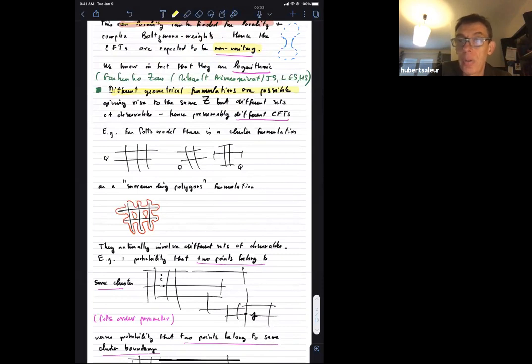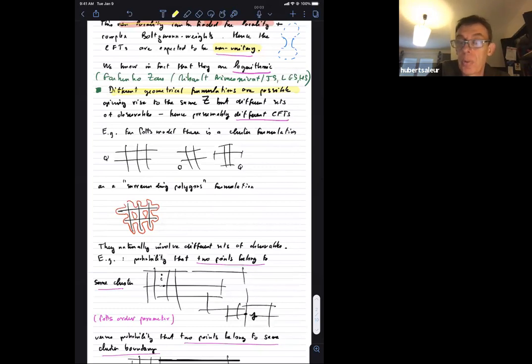Because the way you start is by writing the partition function in some sort of geometrical way, and this is how you define your geometrical model.